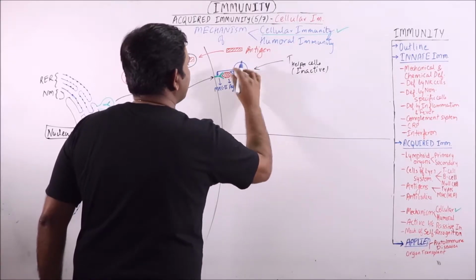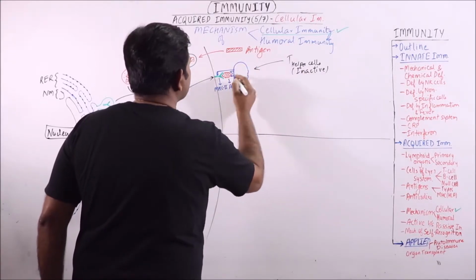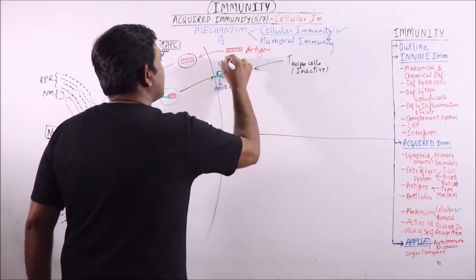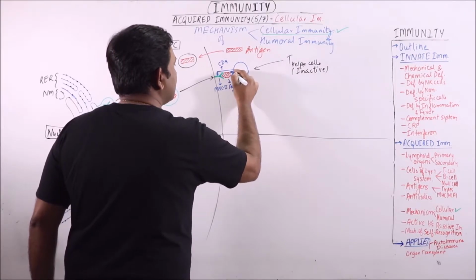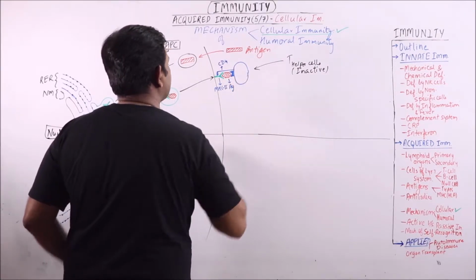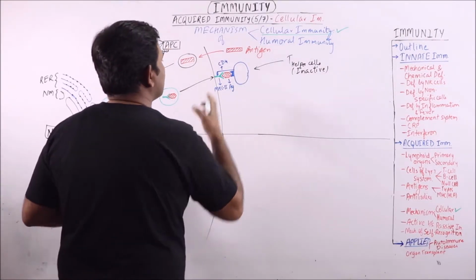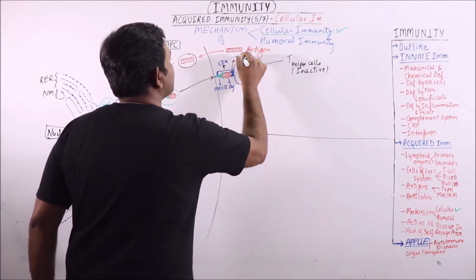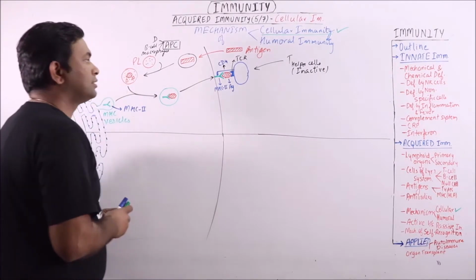This is inactive T helper cell, and this is CD4 protein, and this is TCR. This is CD4, and this one is T cell receptor.